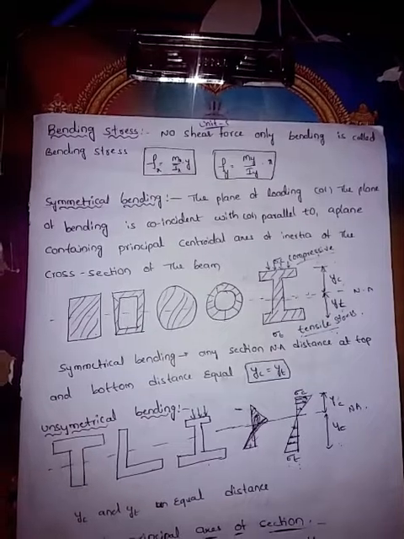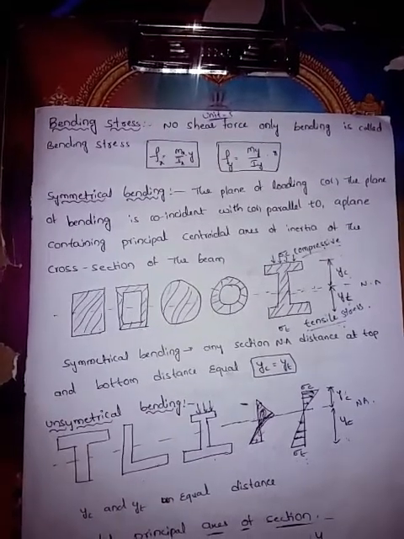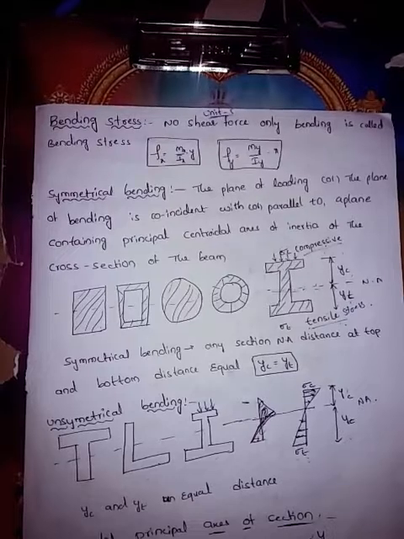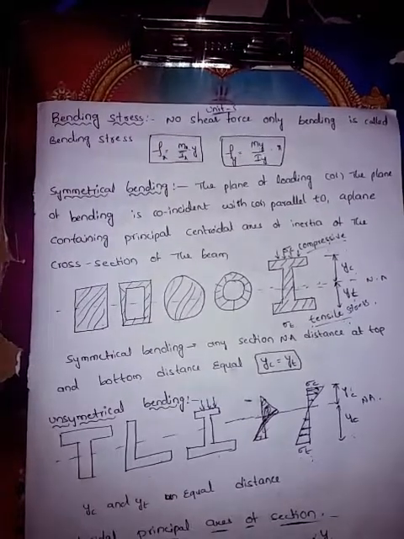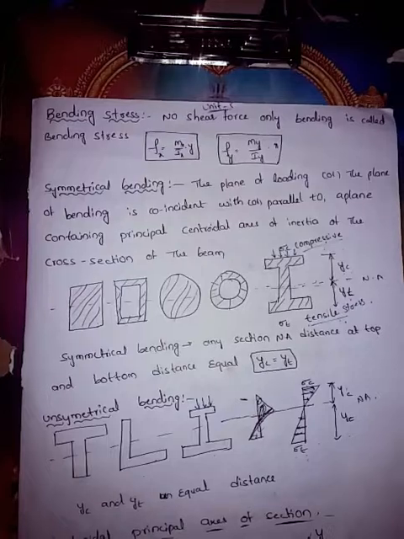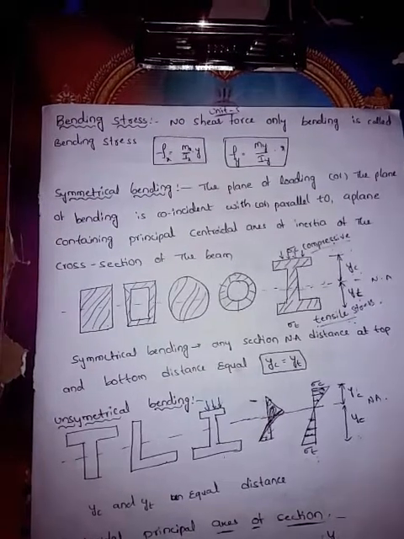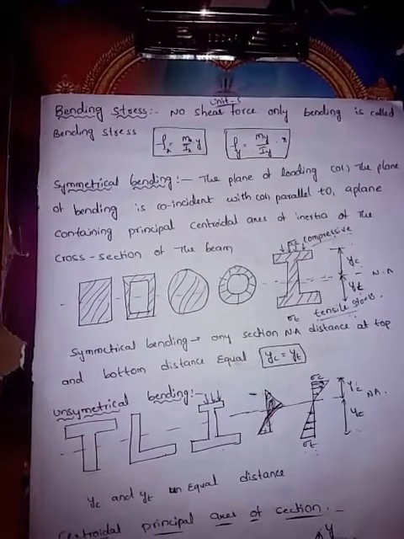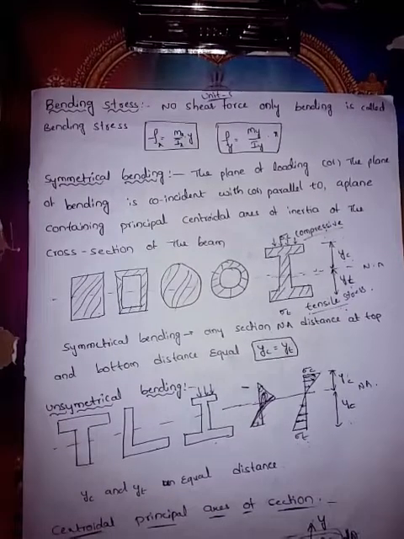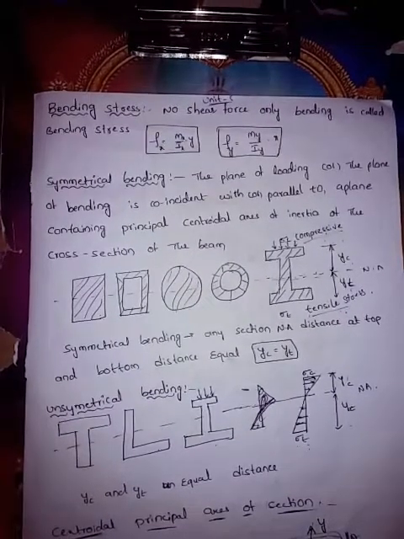Bending stress equation: f is equal to M by I into y, where f is the bending stress, M is the bending moment, I is the moment of inertia, and y is the distance from the neutral axis.